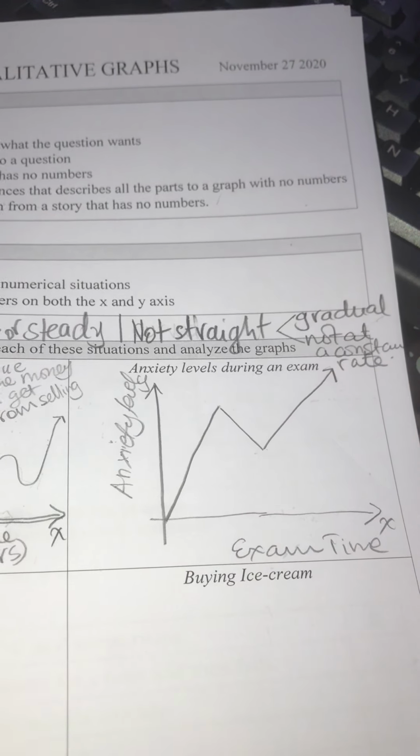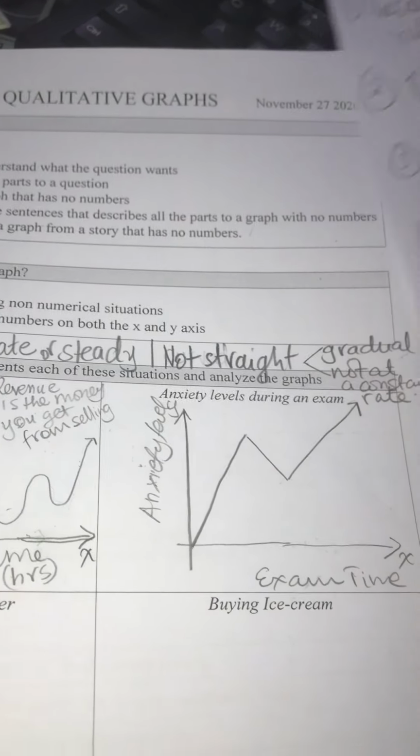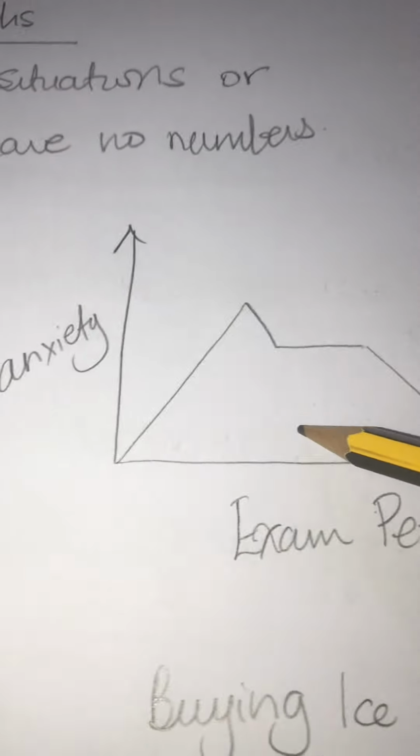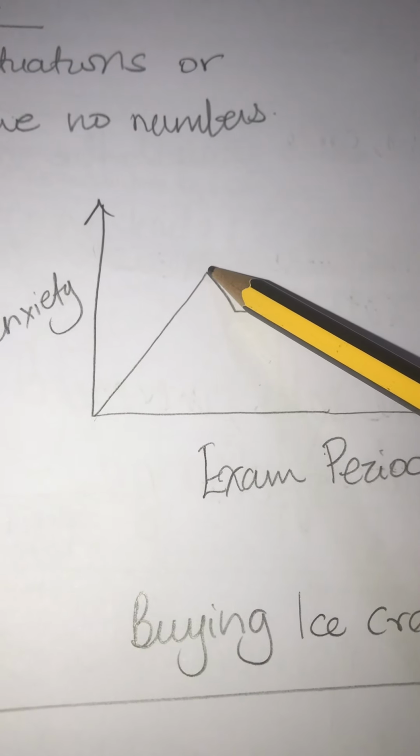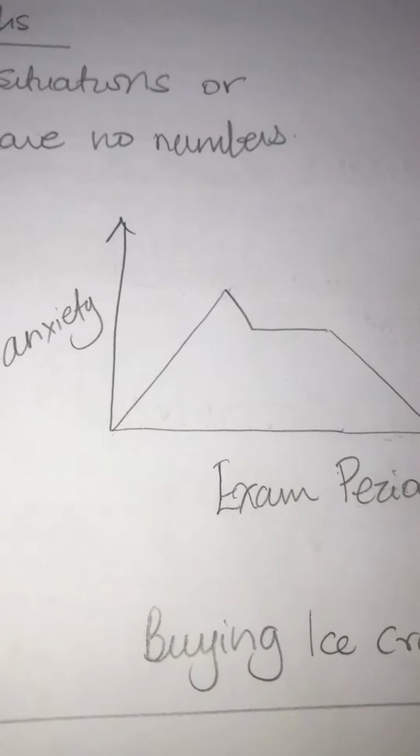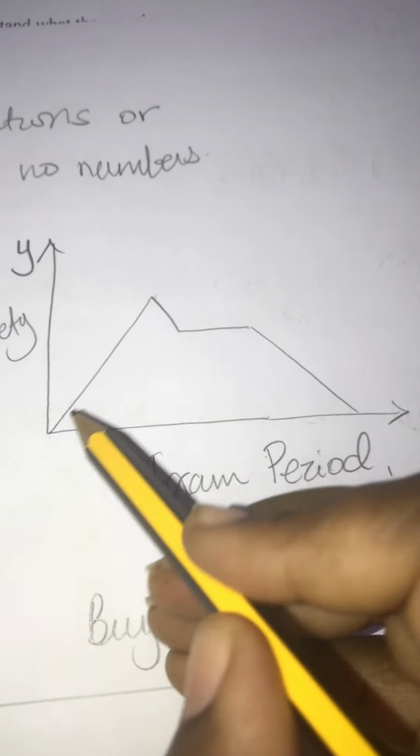You can draw another one, different. Maybe you draw like this one. At the beginning, your anxiety level was high before you got your paper. Before you got your paper, your anxiety was high.